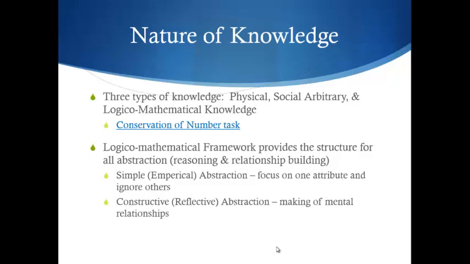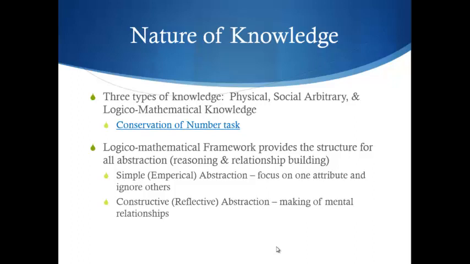In Spanish, it's known as casa. So those labels are different depending upon the society in which you live. The letters of the alphabet, numerals, those are the examples of social arbitrary knowledge. You learn social arbitrary knowledge by interacting with others in the society or by being told.